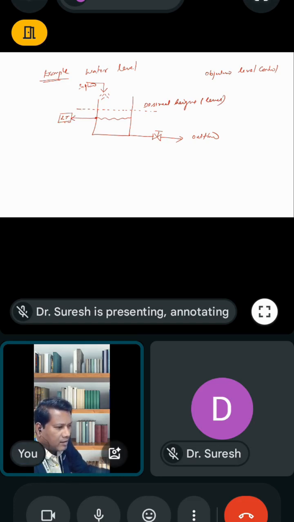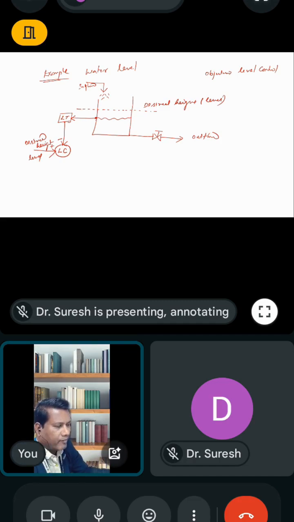Then the measured value is sent to the controller, which is called the level controller. In the level controller we also mention the desired height or level.